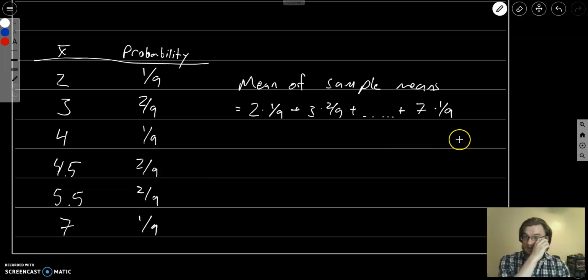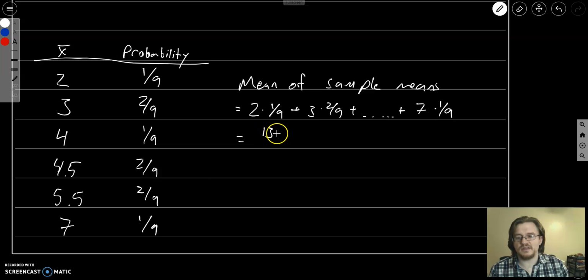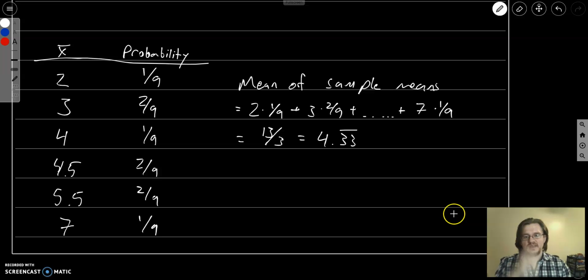Again, the mean of a discrete distribution like this is the sum of each value times its probability. And if we do this all correctly, we should get 13 thirds, which is the same as 4 1/3, so 4.33. So this is just a calculation that we'd have to do by hand or using a calculator, and this is what we come up with.